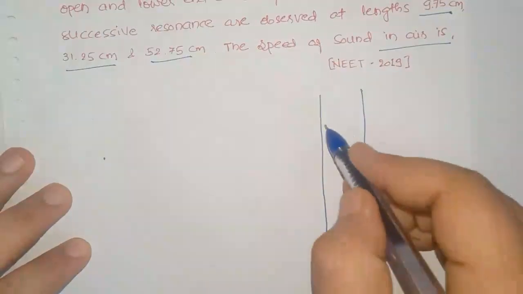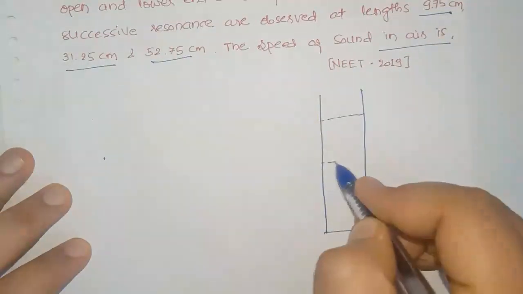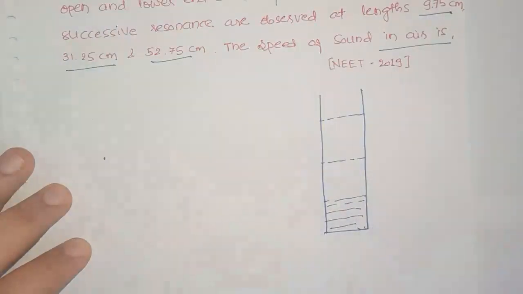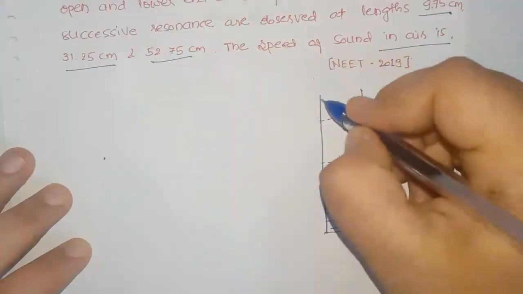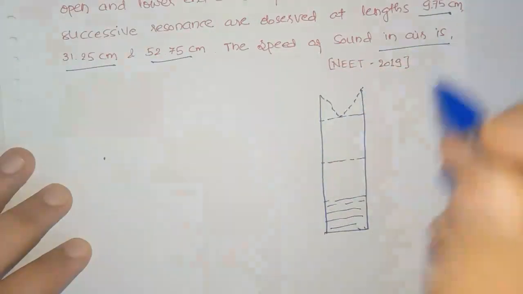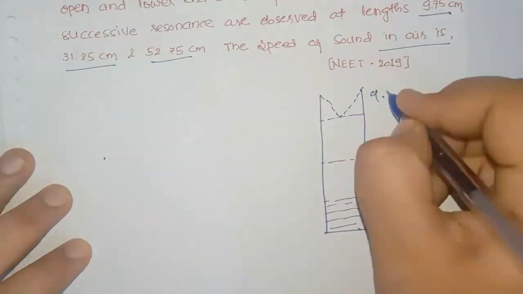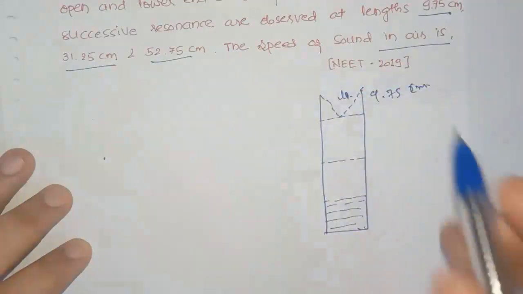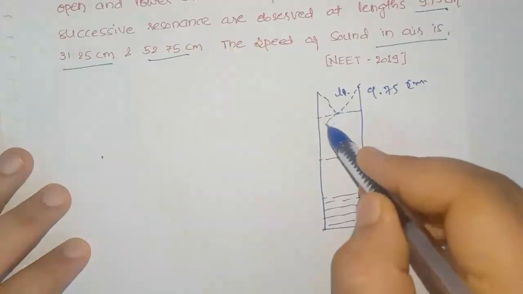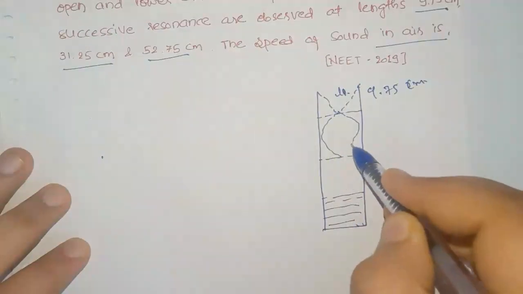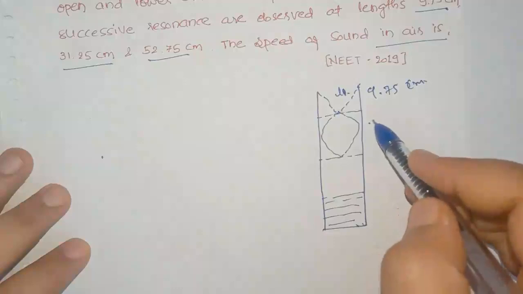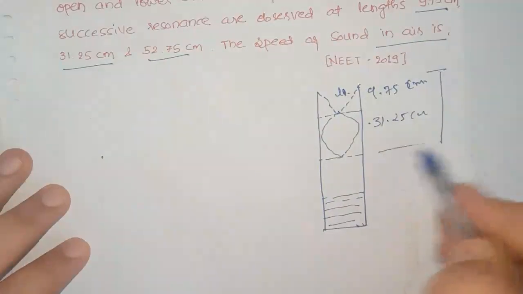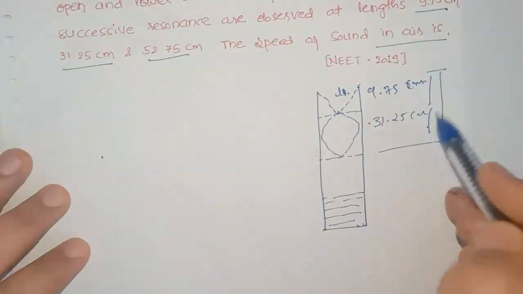This is resonance tube. The first was heard at 9.75 centimeter. Let's say this is L1. The second was heard at 31.25 centimeter.